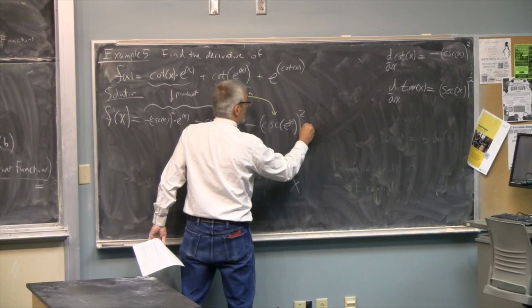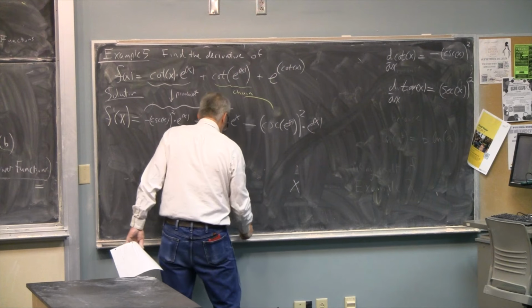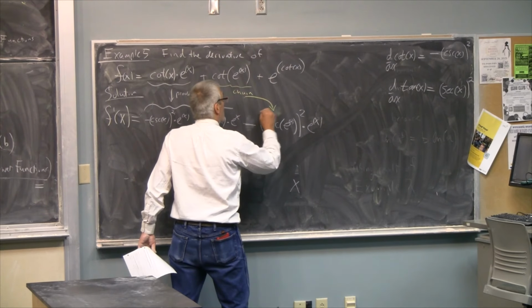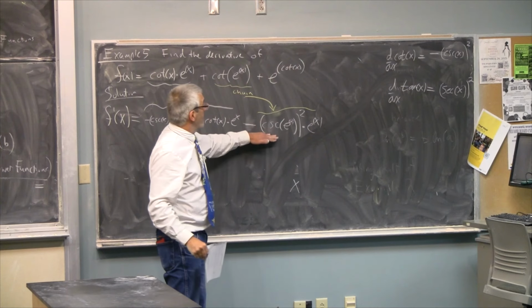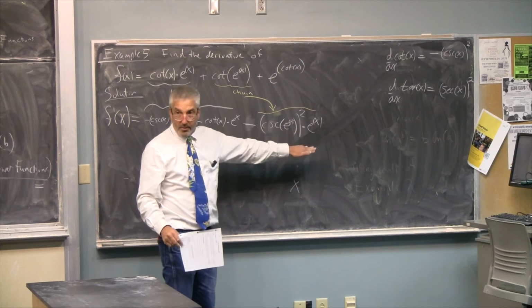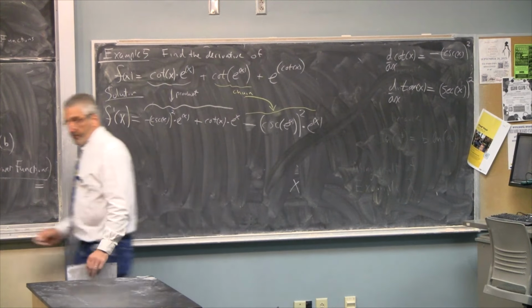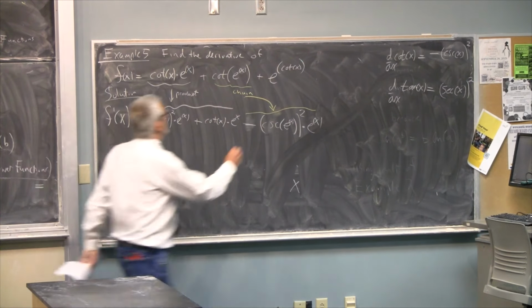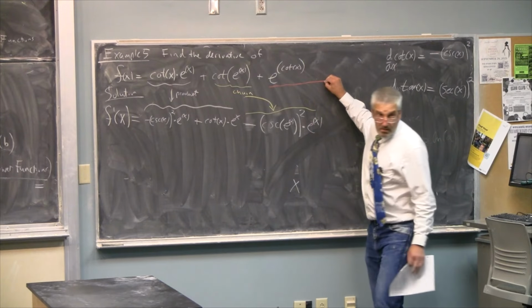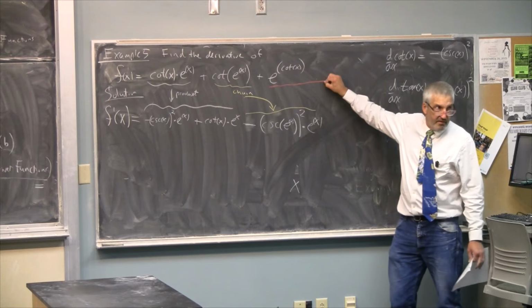And then I've got to do times the derivative of the inner function. So there's my outer prime of inner times my inner prime. What about the other function? What do I do with this function? I think somebody whispered it.